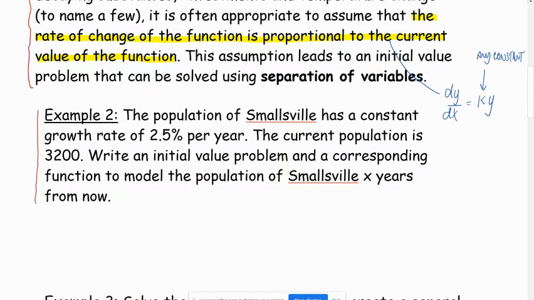Okay, so as long as k is any constant, then we have our rate of change is proportional to the current value of the function. Or think of it this way, that the amount of interest that we make is proportional to the amount of money in the bank account. Or in terms of population, the increase in the number of people per year is proportional to the number of people that live in the city.